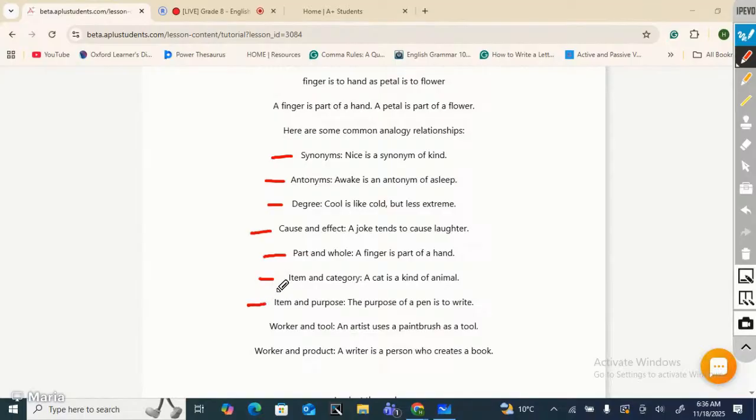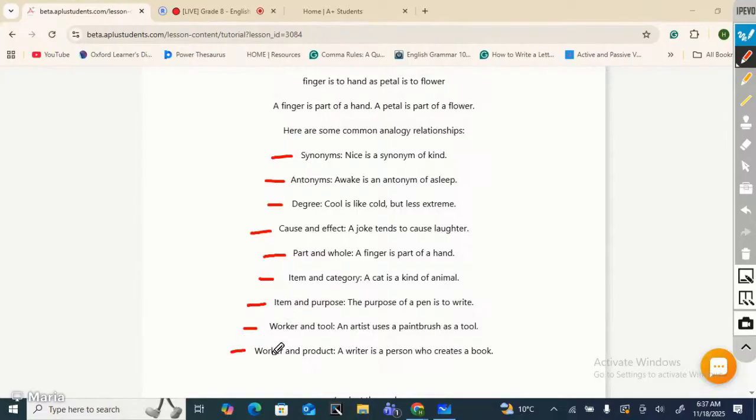Item and purpose, where one word is the name of an item and the second word is the purpose of that item. Worker and tool, where one word is the name of the worker and the other word is the tool that worker uses.